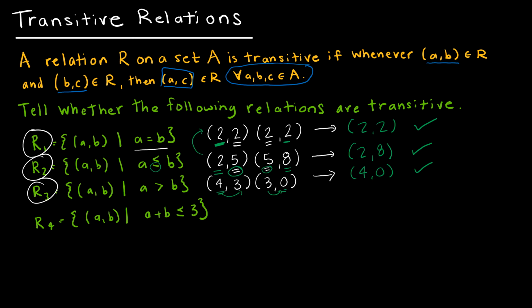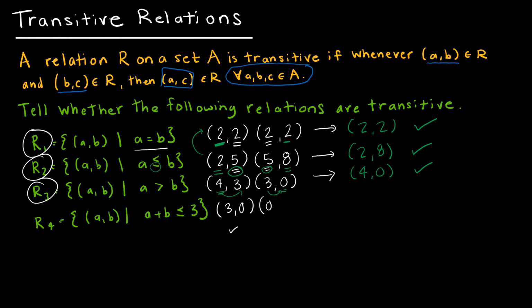We have A plus B is less than or equal to 3. So if (A, B), let's say (3, 0), is (3, 0) in R4? Well, 3 plus 0 is 3, which is less than or equal to 3, so this one is in R4.